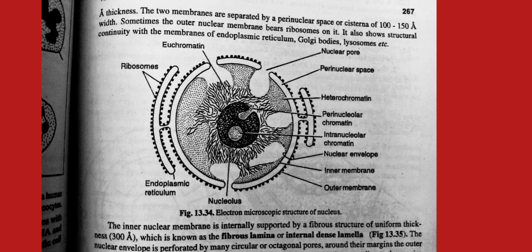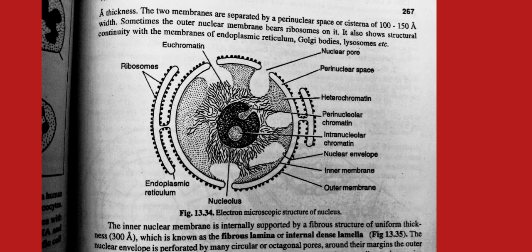You can see in this diagram, these are the ribosomes over the outer nuclear membrane or outer nuclear envelope. You can observe these dot-like structures, these black dots are actually ribosomes present over the surface.